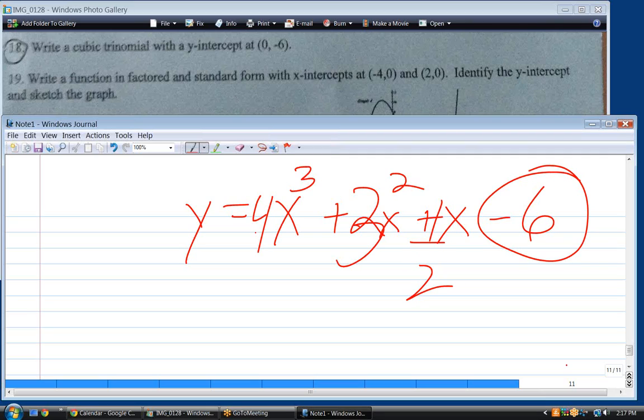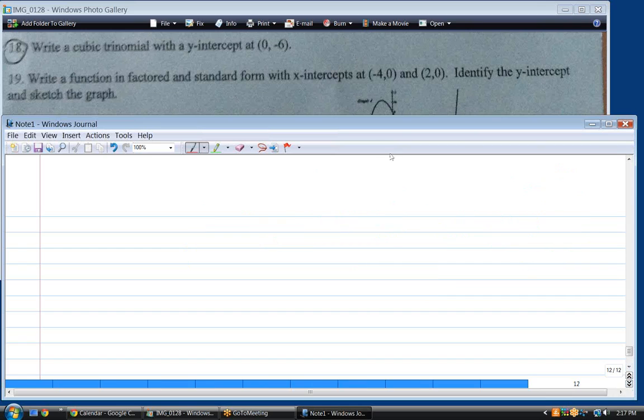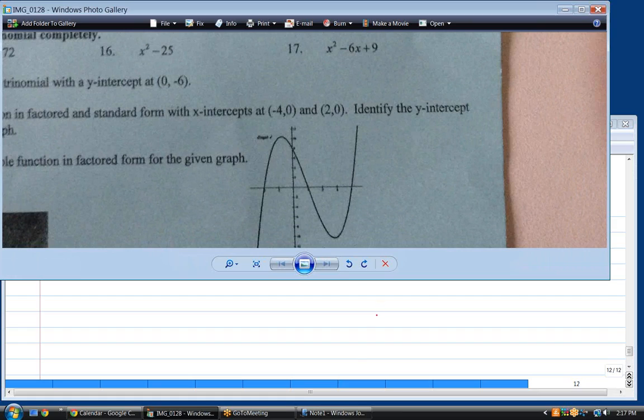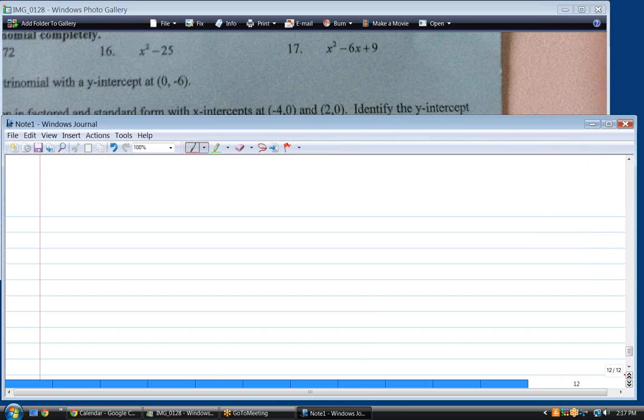Okay? Now, we forgot one here. I just realized we didn't do number 16. Now, 16 is different. Why is 16 different? It doesn't have a second term. Doesn't have an x term.